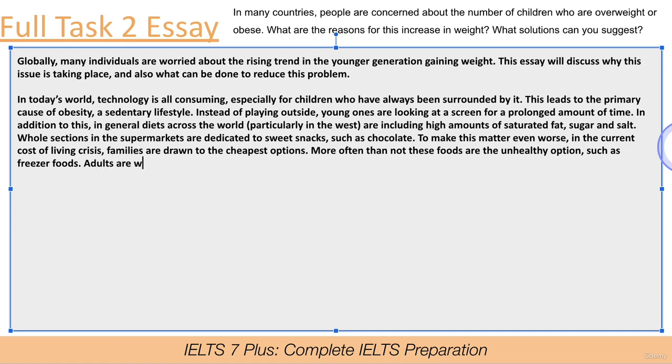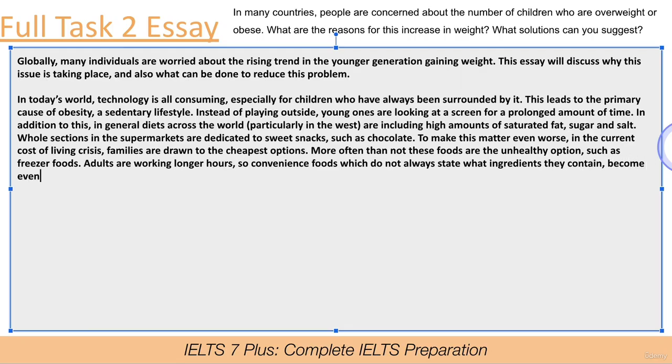Adults are working longer hours. So convenience foods, which do not always state what ingredients they contain, become even more appealing.